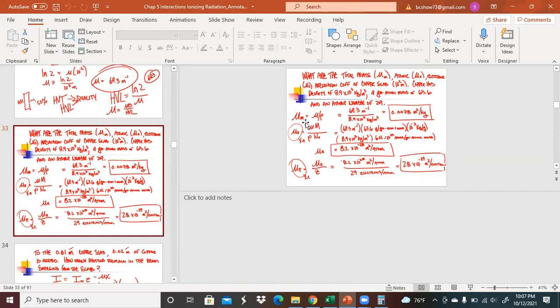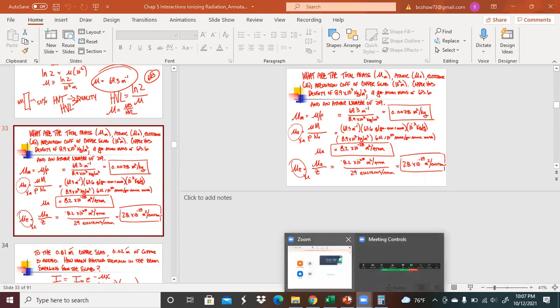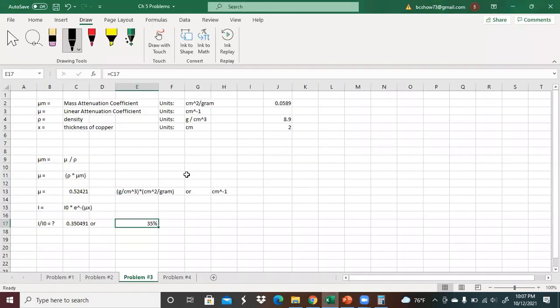How does the mass attenuation coefficient relate to the linear attenuation coefficient? With the mass attenuation coefficient, you bring density into the mix. So what does that mean for us? I went ahead and wrote out a bunch of things here that will hopefully help you understand all of this. I've got the mass attenuation coefficient. I'm going to use mu m to represent that.